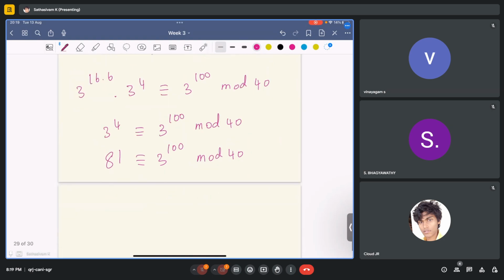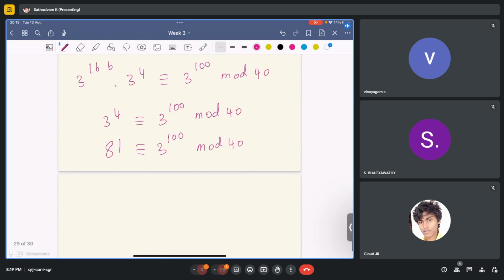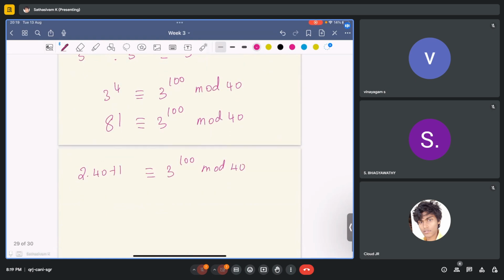But what is 81? If you do it mod 40, 81 is 2 times 40 plus 1, congruent to 3 power 100 mod 40. So 40 will go away. The remainder is just 1. When this comes, this 2 times 40 is congruent to 0 mod 40, so we can leave it.